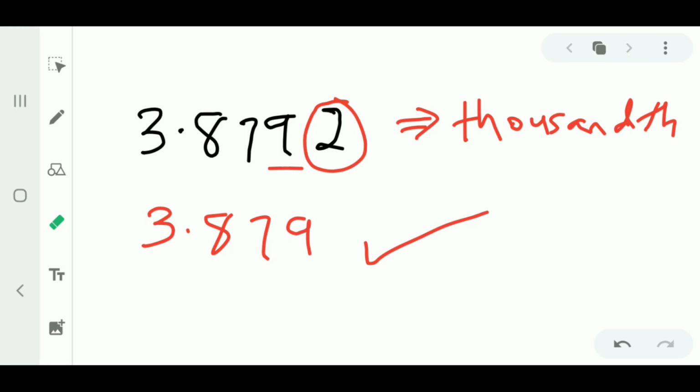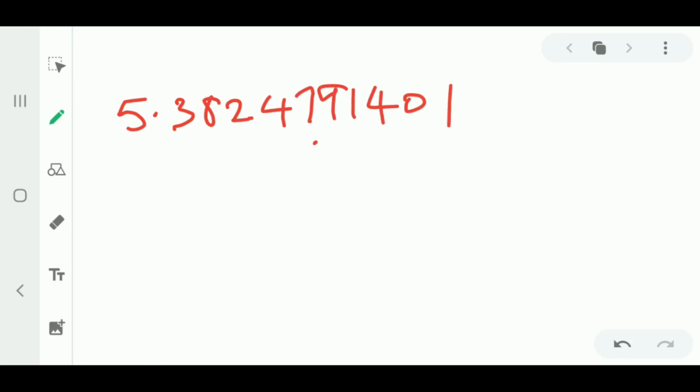To avoid getting confused, what you can do when you're rounding long decimals is to look only at the number in the place you are rounding to and the number that follows. So let's try a long decimal. Let's say we have 5.3824791401, and we want to round it to the nearest hundredth.